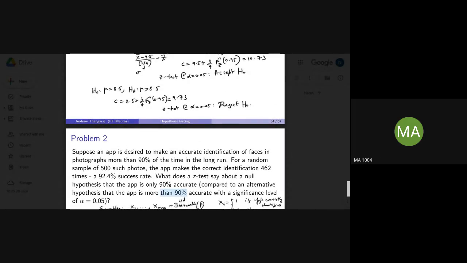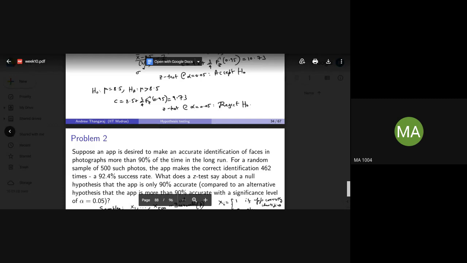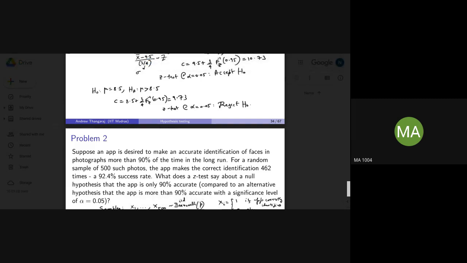Can you find the alpha for this? I will not show the solution here. Can you find the alpha? Just first try it out, then I will explain. Just take some time and try to find alpha for this.